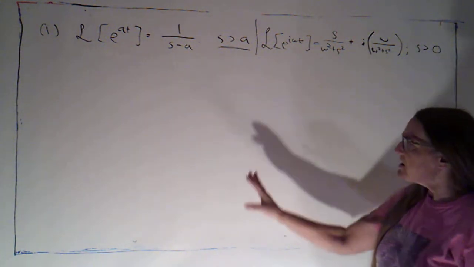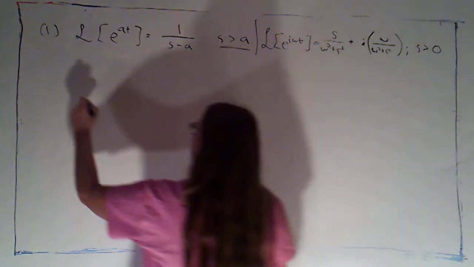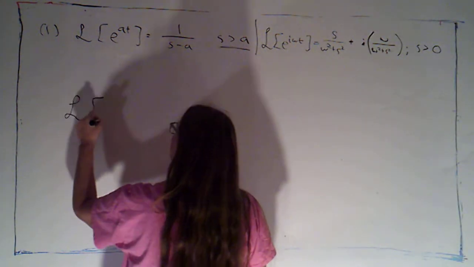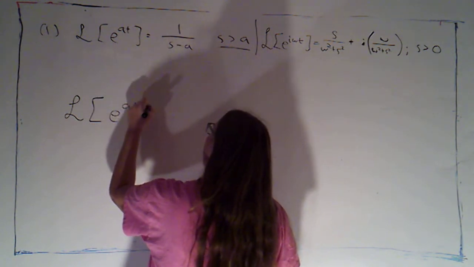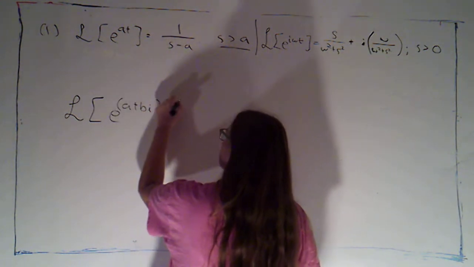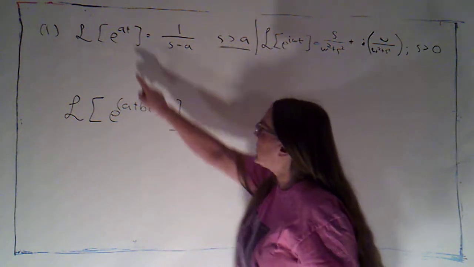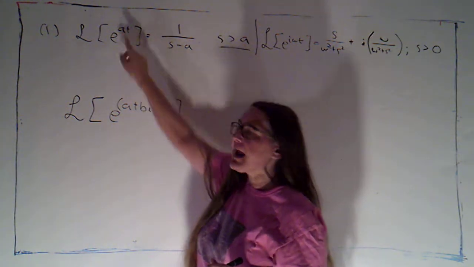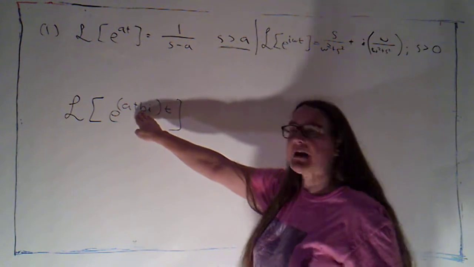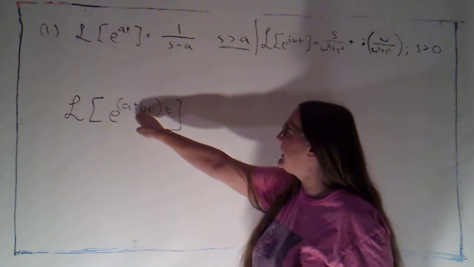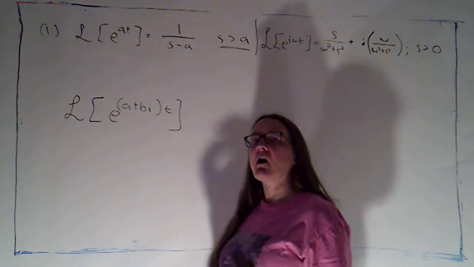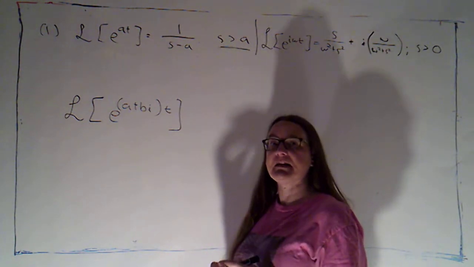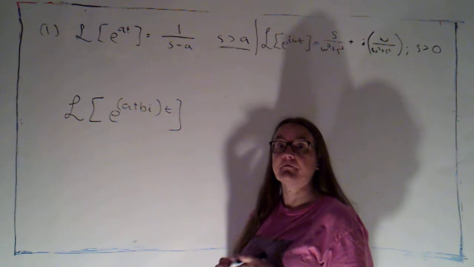So what I'd like to do is just take a look at the Laplace transform of e to the (a plus bi) times t. So replacing a real number a with an arbitrary complex number here, and see what the restrictions are on s that will guarantee that we get something that is convergent.